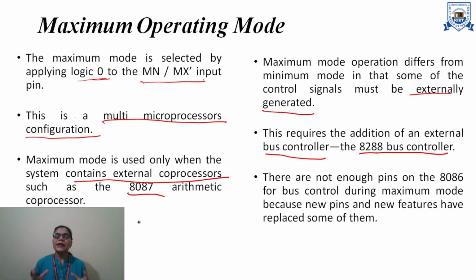Because when multiple processors exist in a system, they will compete for buses, or we can say global resources, the resources which are shared by the multiple processors. So a bus controller component should be there to generate control signals externally. Because for maximum mode of operation, the 8086 does not have those pins. So these signals will be provided by the bus controller.